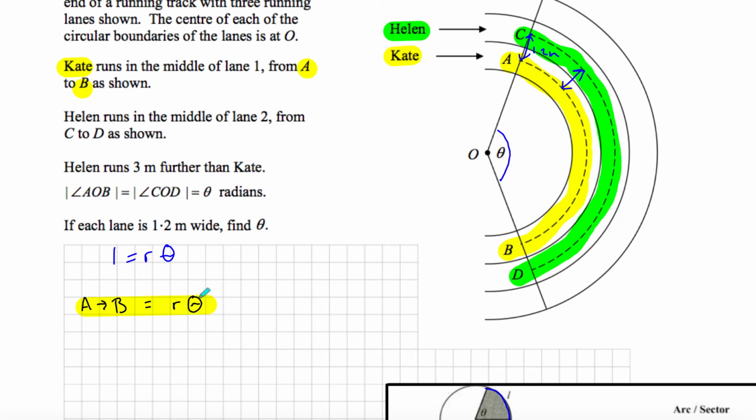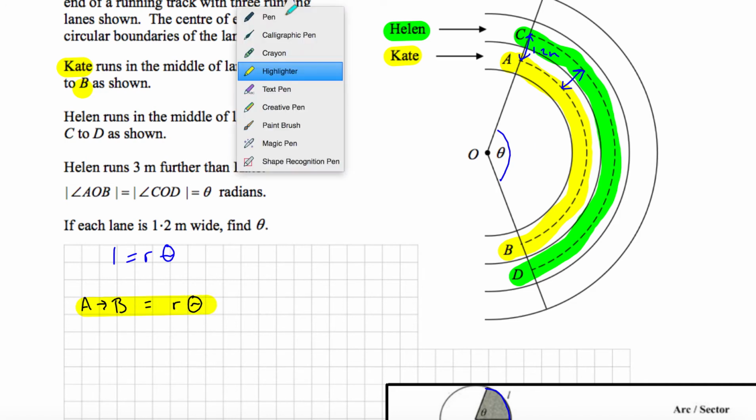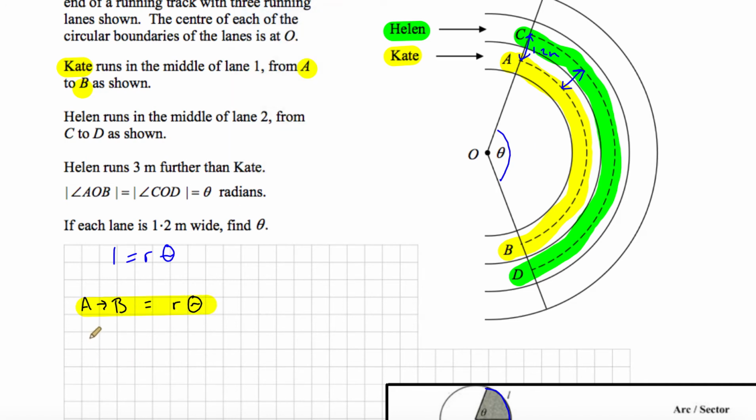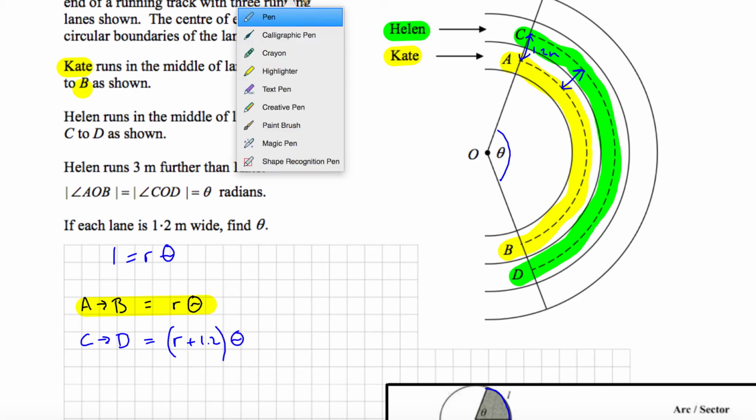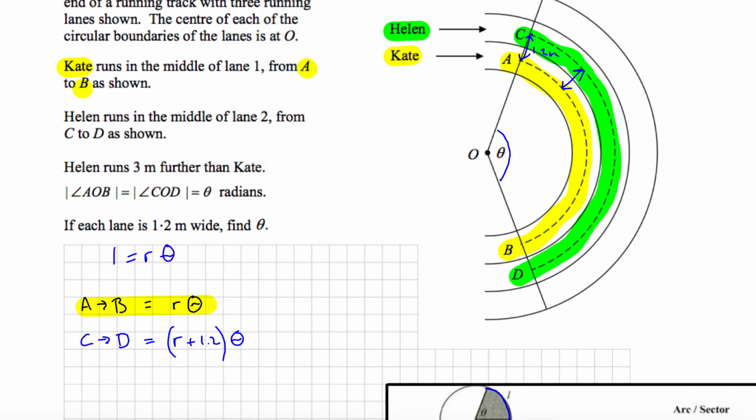This is A to B, that's R theta. And then we can say the distance from C to D is equal to R plus 1.2, because this radius from O to C is 1.2 longer than from O to A. So it's R plus 1.2 by the angle, which is theta again. So that's our green distance by the formula in the tables book.